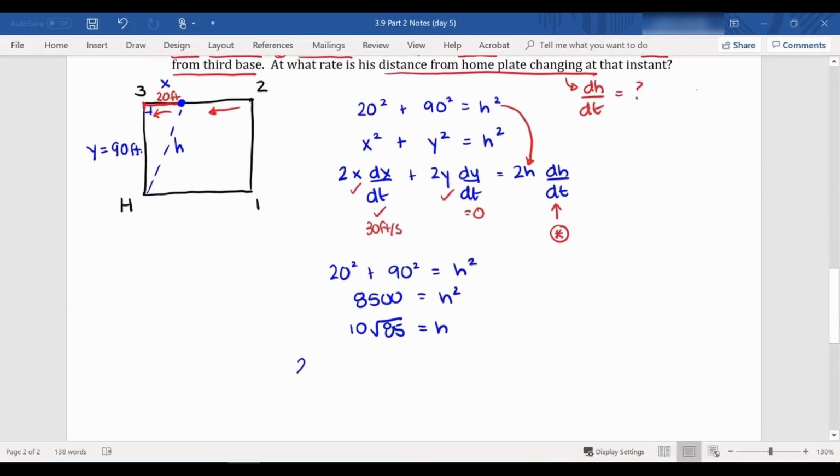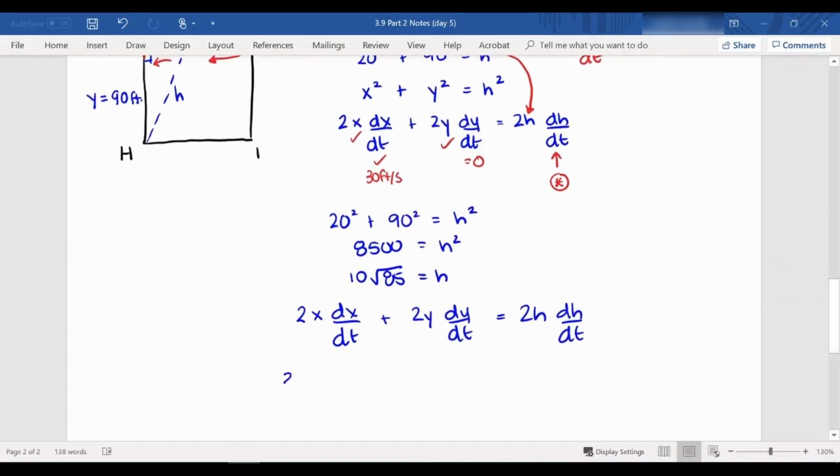Now, once I have that, I have 2x dx/dt plus 2y dy/dt equals 2h dh/dt. And now 2x, x was 20, dx/dt was 30 feet per second. dy/dt is 0, so this entire second term becomes 0. 2h is 2 times 10 root 85, and we don't know dh/dt.